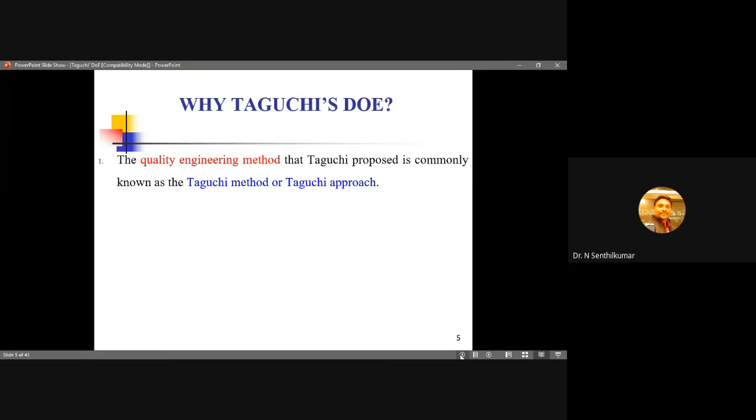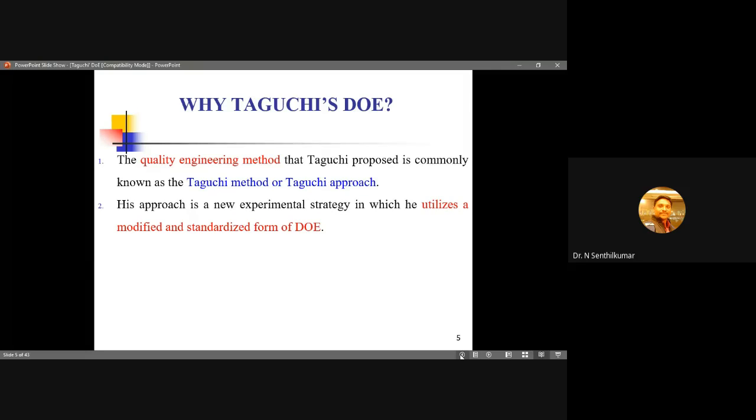Whatever it is, it is one and the same. So Taguchi, instead of adopting some other designs, developed a new design. He produced a modified and standardized form of DOE.